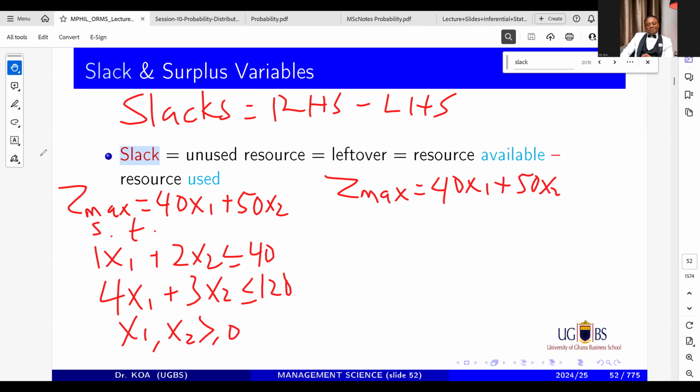Well, the first one is to count the number of constraints. In the example we have here, how many constraints are there? Forget about the non-negativity constraints. How many constraints are there? How many?